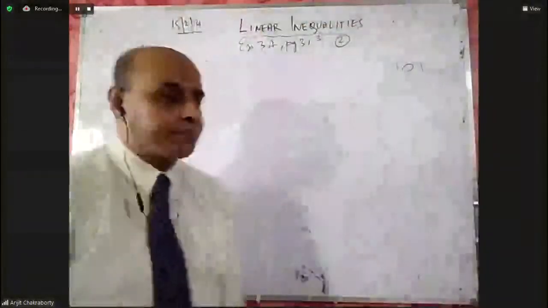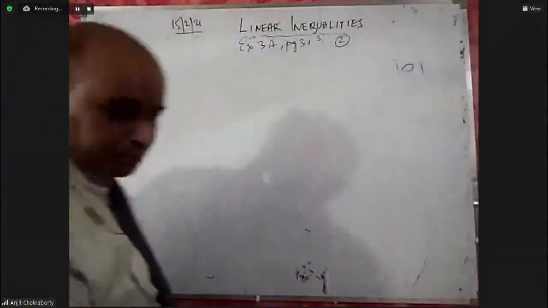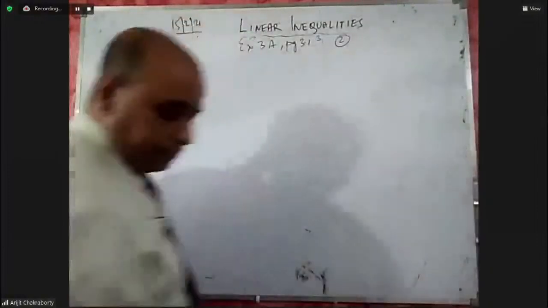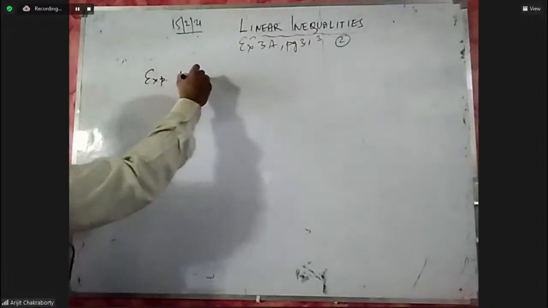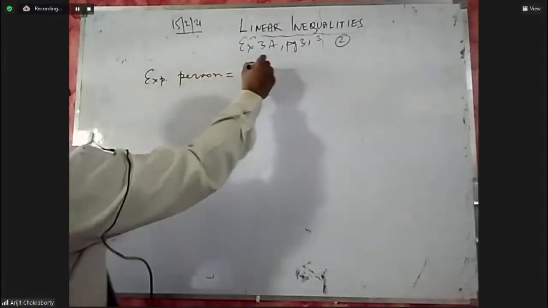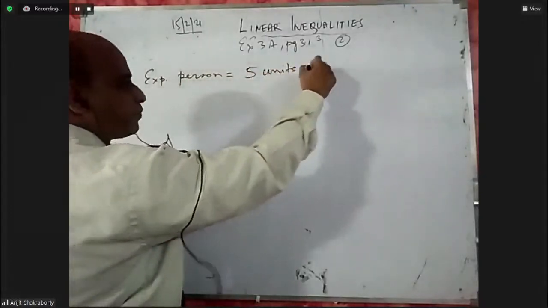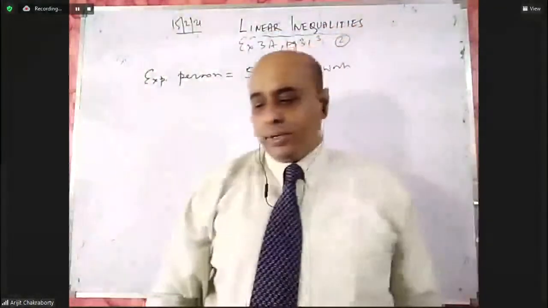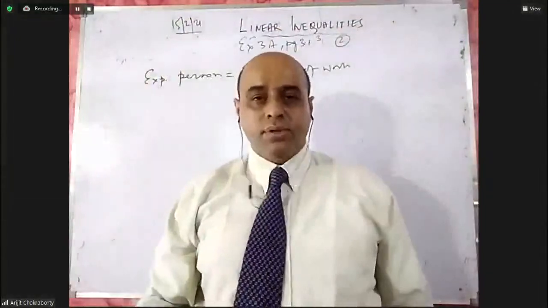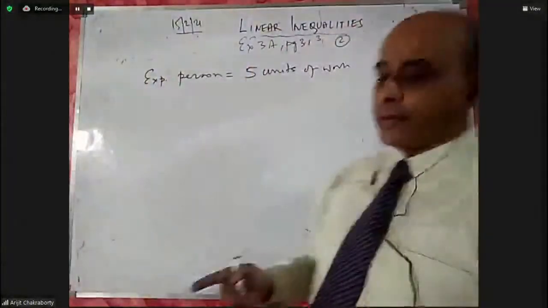Okay, fine. Let me understand the question and try to create the function. So for experienced person, the person is doing 5 units of work. Okay, he is more experienced and therefore he is producing more in terms of output. So 5 units of work.